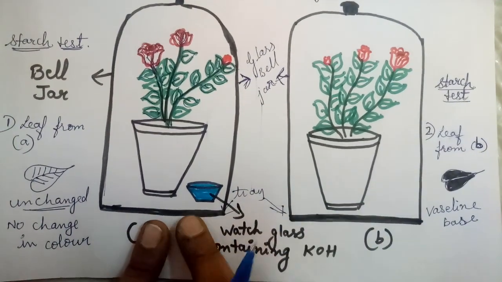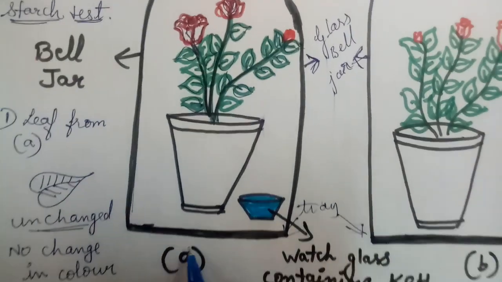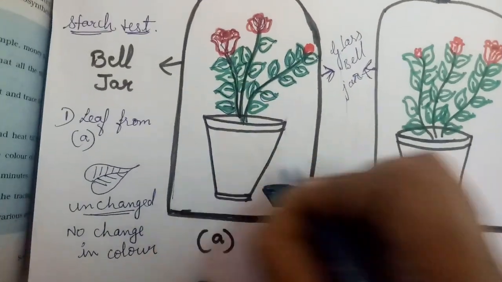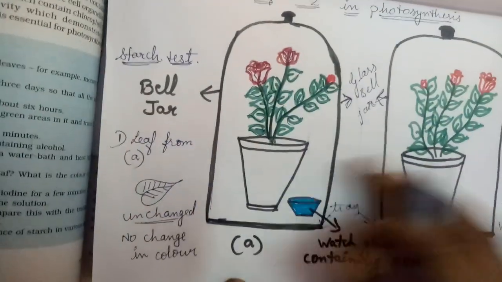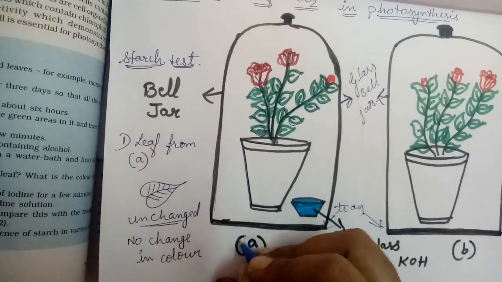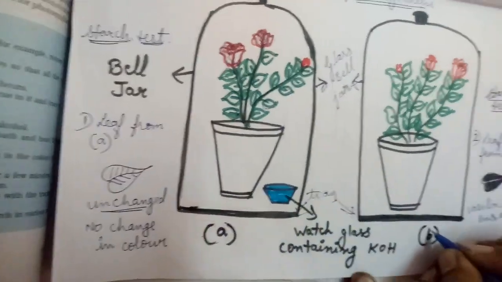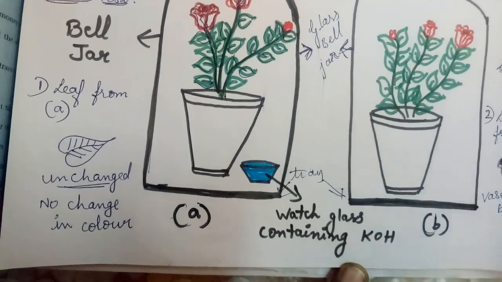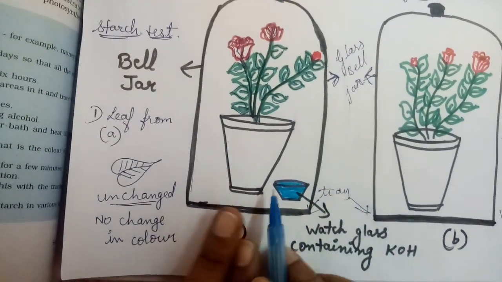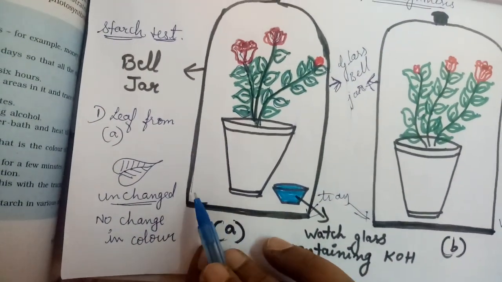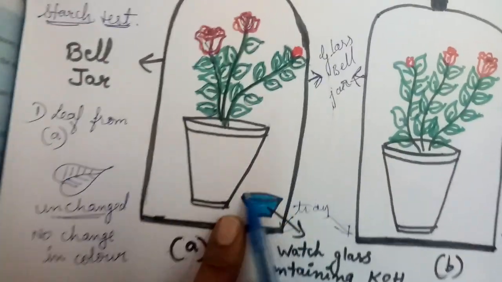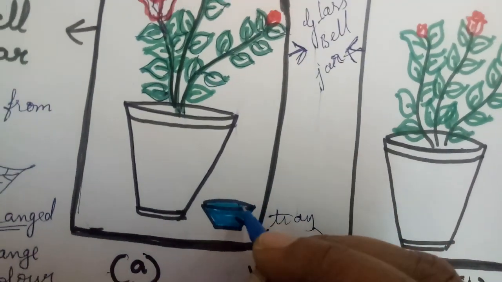Before we seal it, you can see there is one more material kept in potted plant A. We'll label this plant as potted plant A, and this plant as potted plant B. In potted plant A, before sealing it, one more small dish is kept.